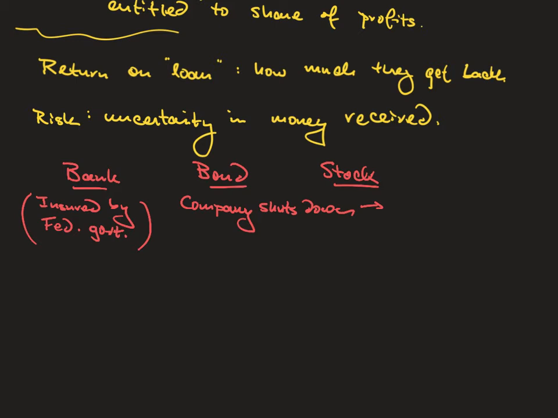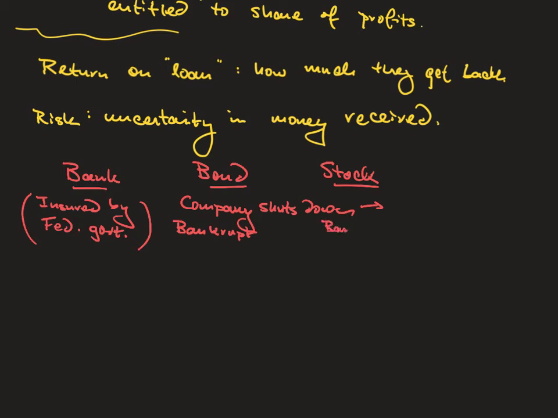Now, as I said, with bonds and stocks, there's a risk that the company shuts down. With bonds, there's a risk that the company becomes bankrupt. In other words, it just runs out of money. It might stay open, but it has no money left in its bank account to pay anyone and to pay off the debts. And the same is true for stockholders.